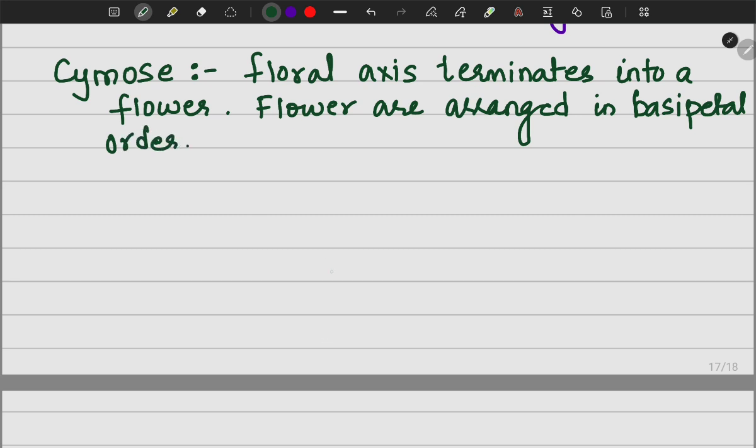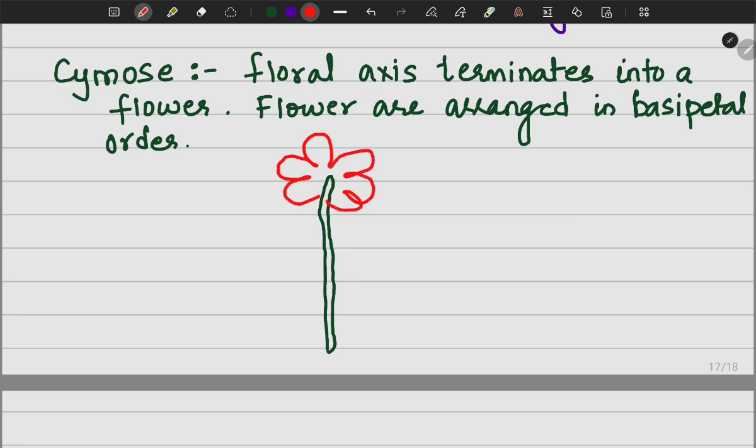So if this is a stem or the floral axis, then it will terminate into a flower, and this flower will be the old flower because it's a basipetal arrangement. So the older parts are born at the apex or the top, right?